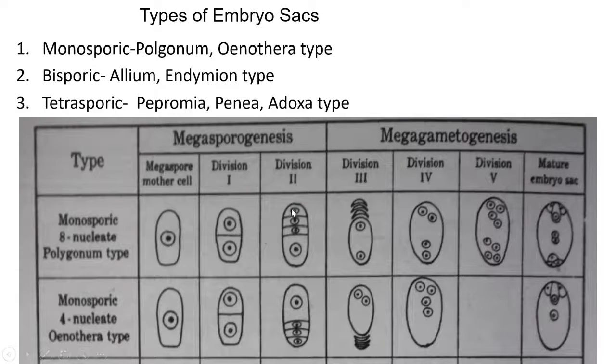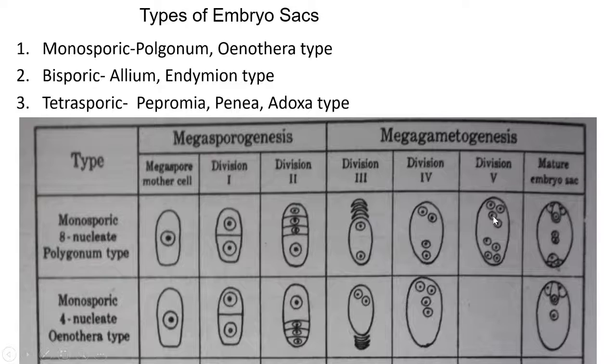But out of 4, the upper 3, that is 1, 2 and 3, degenerate, and only the basal megaspore is functional. These are the diagrams of the 3 degenerated megaspores of the micropylar end, and only this megaspore divides mitotically, first, second, third mitosis. That results in the formation of the 8-nucleate embryo sac.